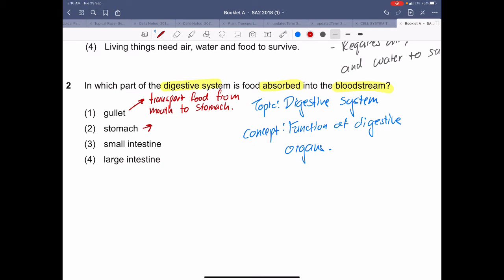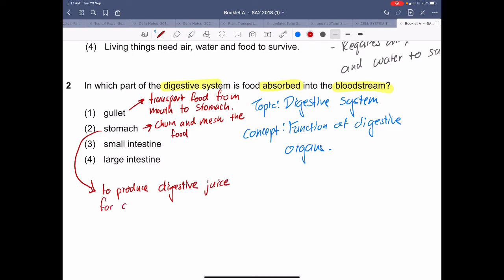One is to churn and mash the food. The second function of your stomach, I'm going to arrow it down because no space, is to produce digestive juice for digestion of food.